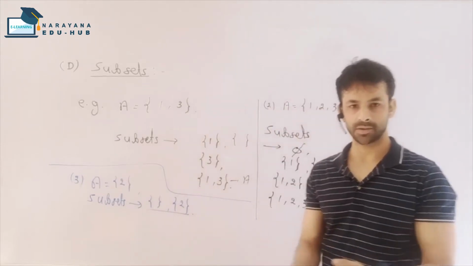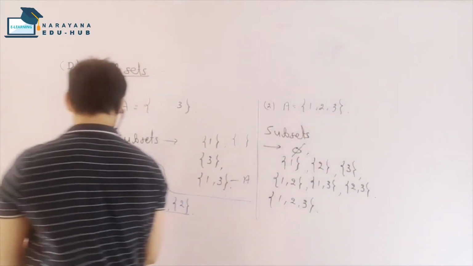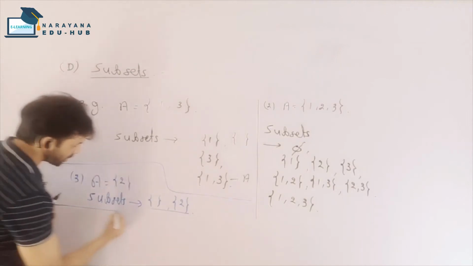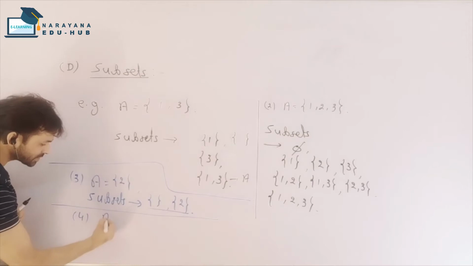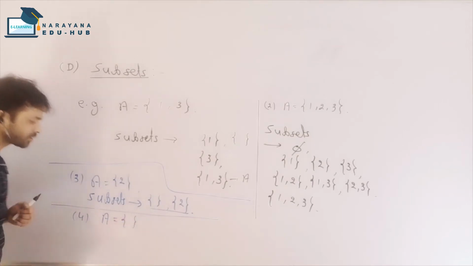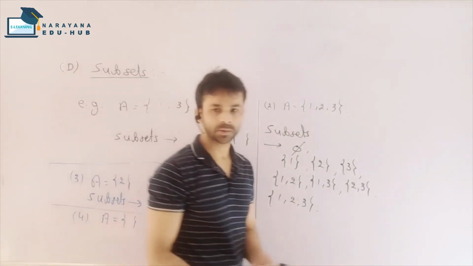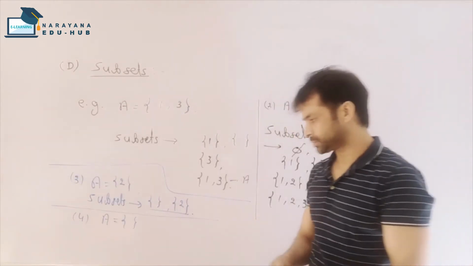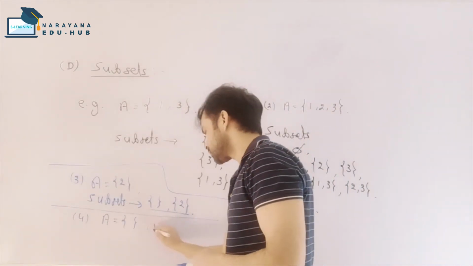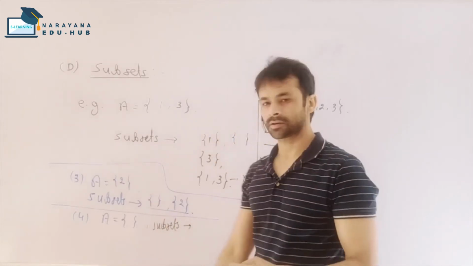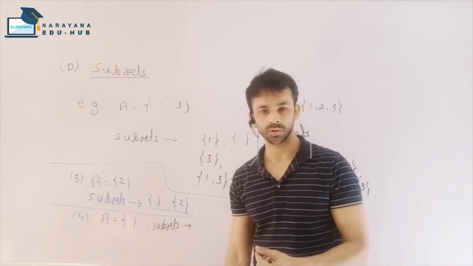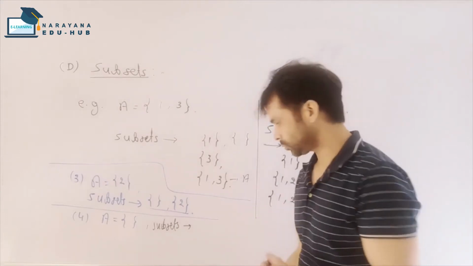Now I am changing the example, changing the problem actually. I am taking the fourth example. Let's say I am taking the phi set as a set. Now we have to write subsets. So how many subsets? I think that is clear to you. Just write 1.